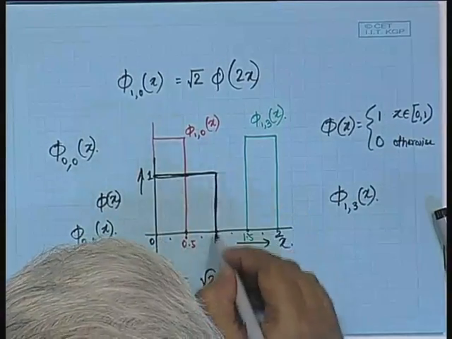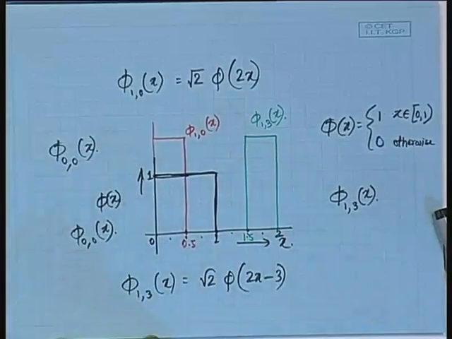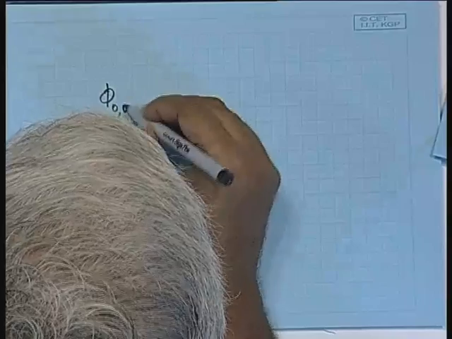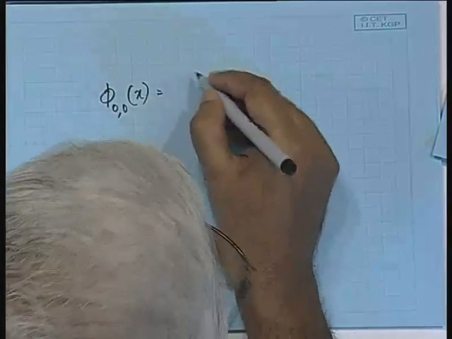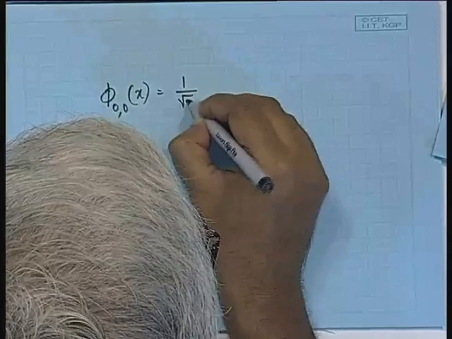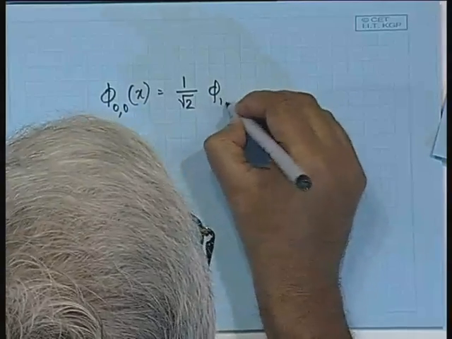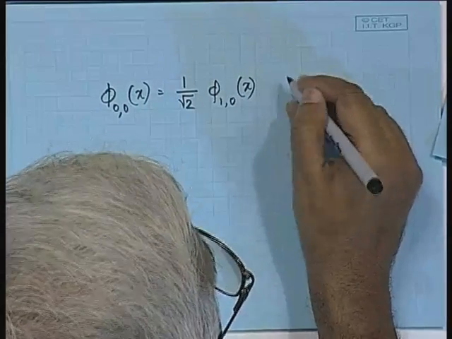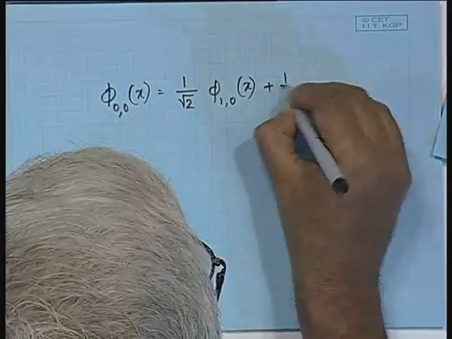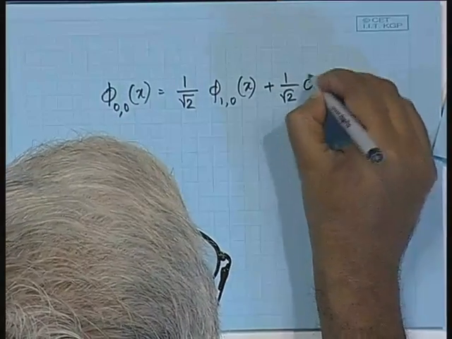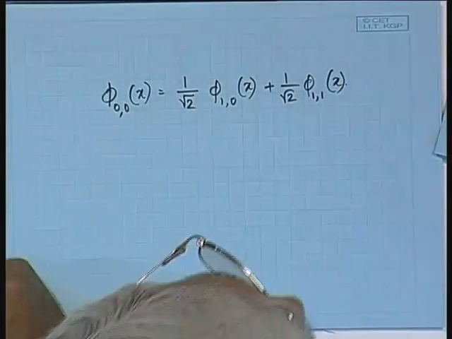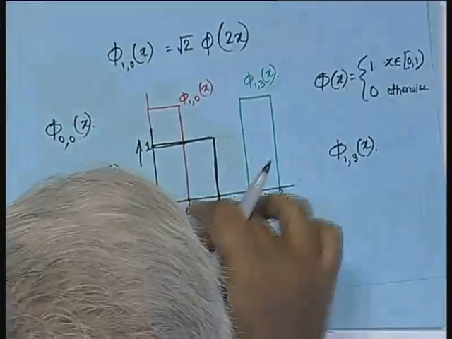So, I can approximate phi 0 0, just tell me whether am I writing correctly or not, phi 0 0 x I can obtain as 1 by root 2 phi 1 0 x, plus 1 by root 2 phi 1 1 x, because phi 1 1 x is going to be this one.